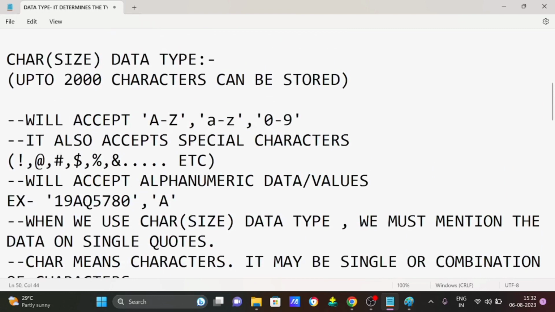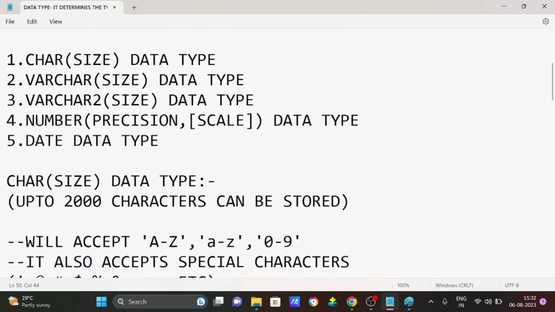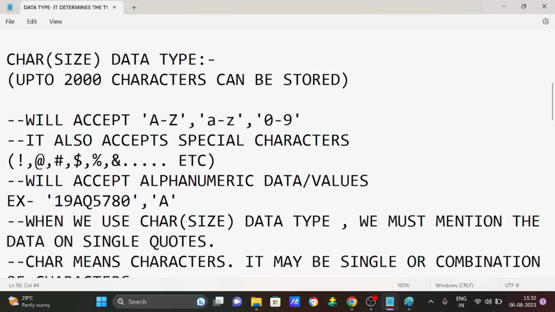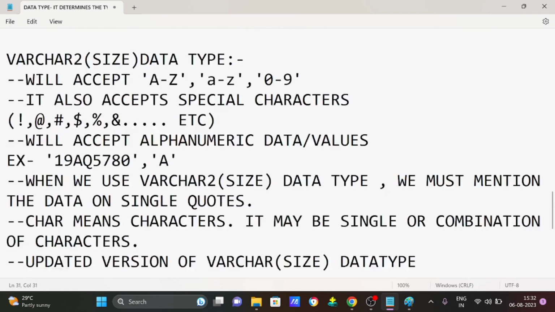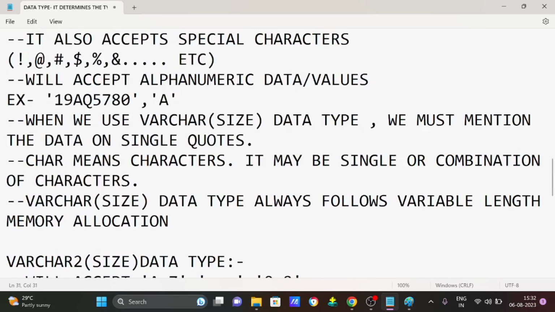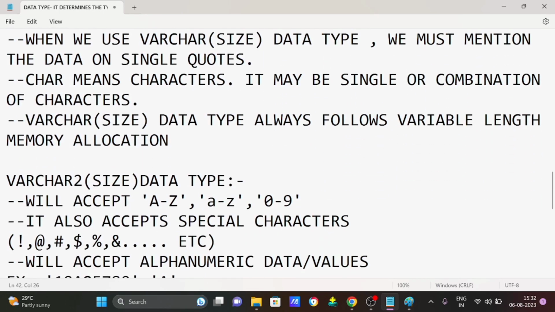In char of size data type, the size of the data is 2000 characters, and in varchar of size also 2000, but the variable memory allocation will be there. And here it accepts up to 4000 characters.